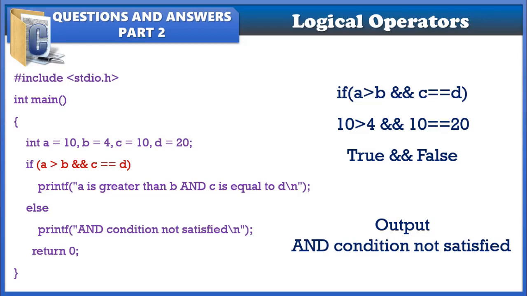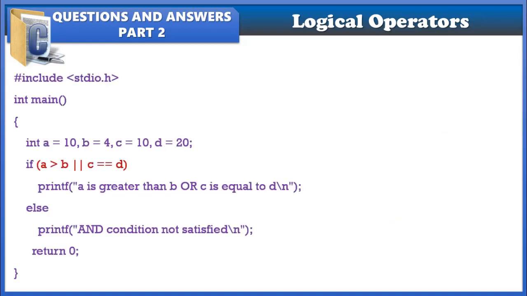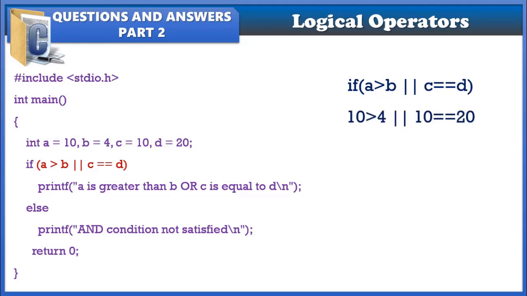and it will execute the else part and display AND condition not satisfied. When we apply the same variables to the logical OR operator, the condition becomes A greater than B, logical OR C equal to D. So the condition is 10 greater than 4, logical OR 10 equal to 20. Obviously 10 greater than 4 is true, and 10 equal to 20 is false.